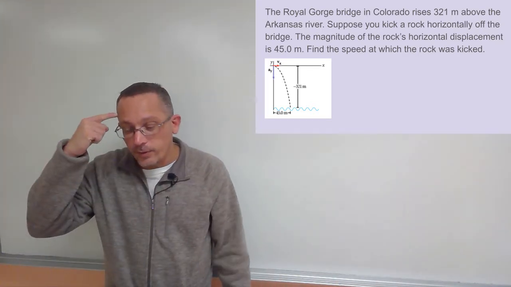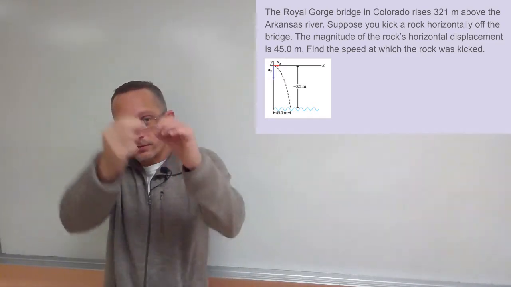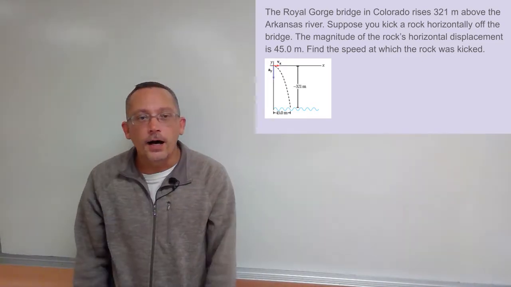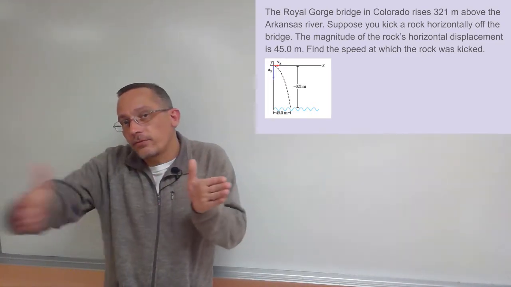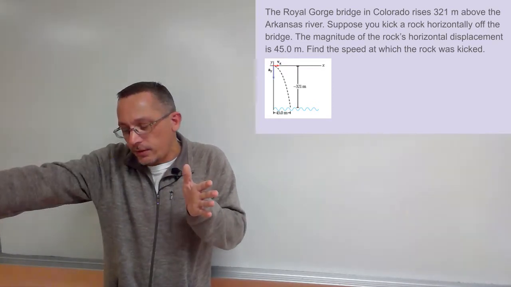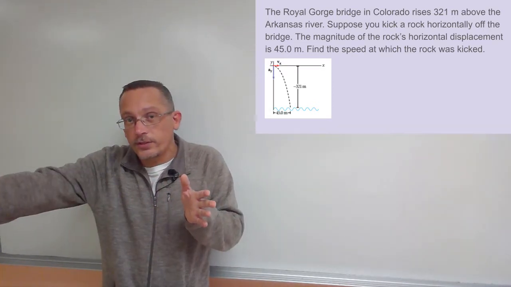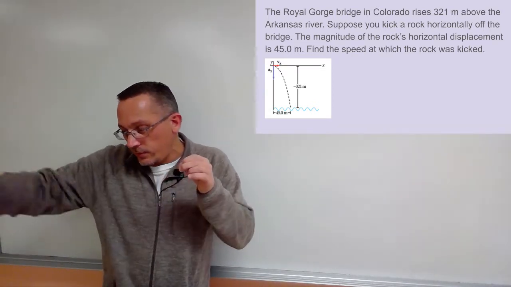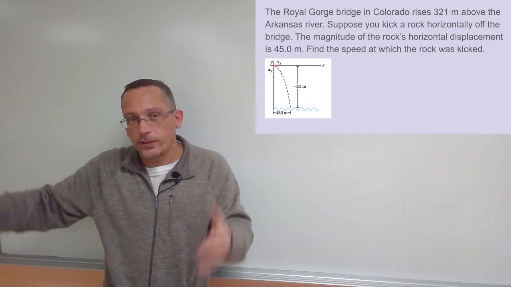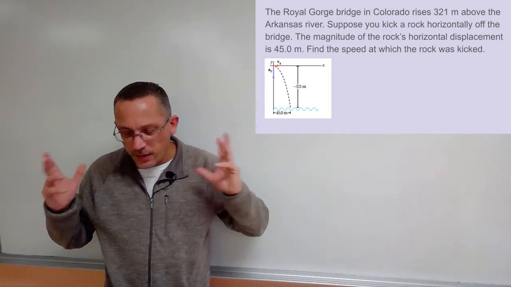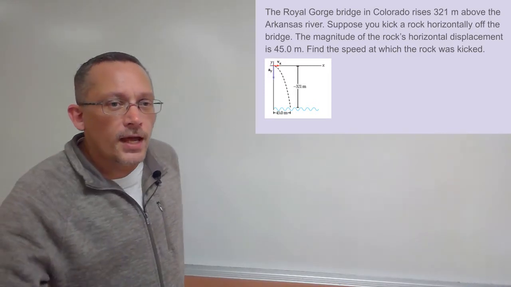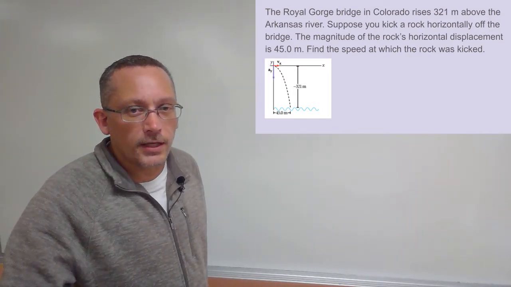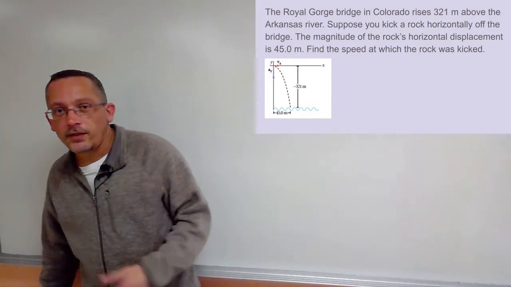And that sets off my brain and says that should be a negative because it's moving downward. And it tells me how far from the bottom of the bridge that this rock lands, right? It's 45.0 meters. So it's going to go this far, 45.0 meters. So I can look at the picture and I can kind of understand some of those things. And that's going to help me pull some numbers out of here that I know.